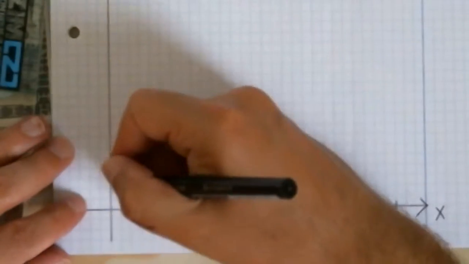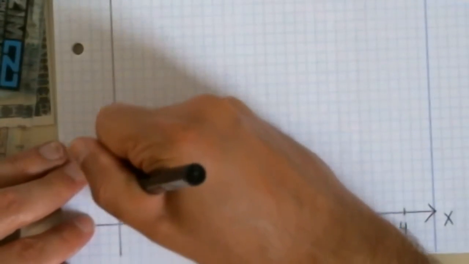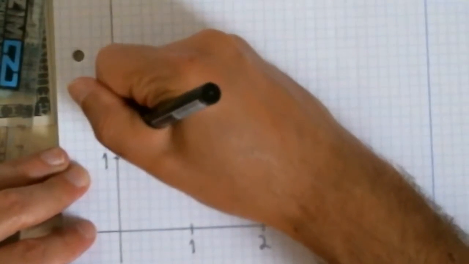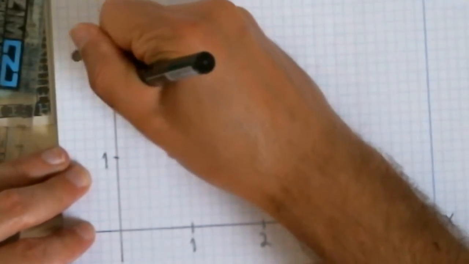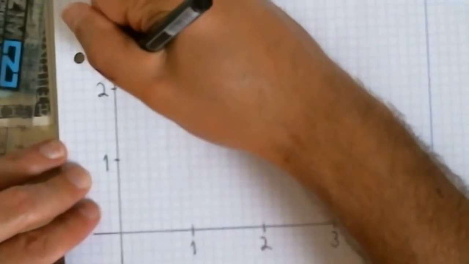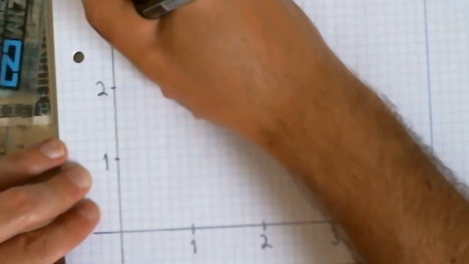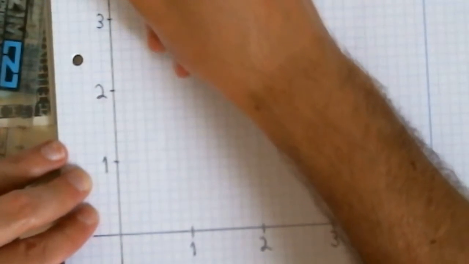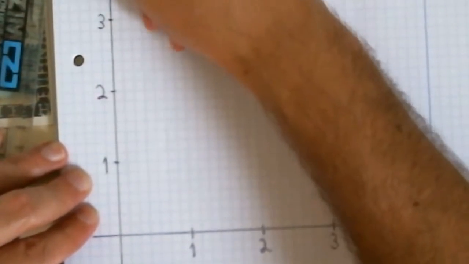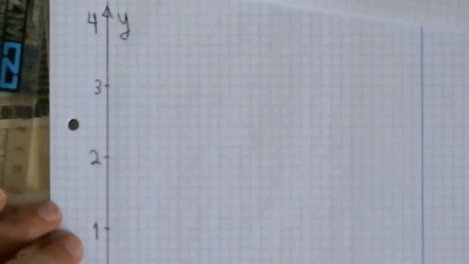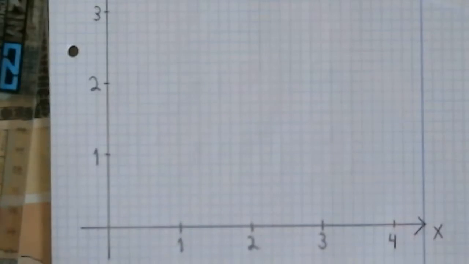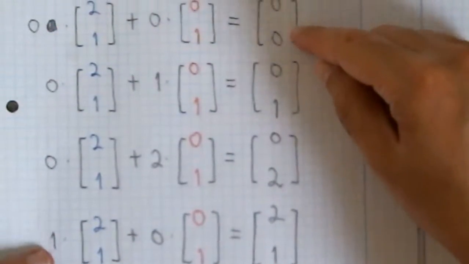Okay, and here I will make the same thing. 7 squares which is 1, 7 which is 2, 7 which is 3, 7 which is 4. Okay, and now we will draw all our 9 vectors. The first vector is 0, 0.